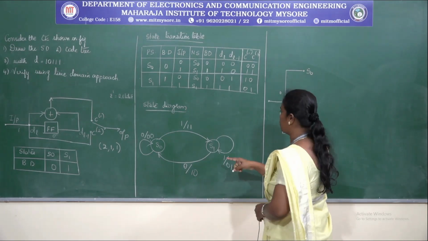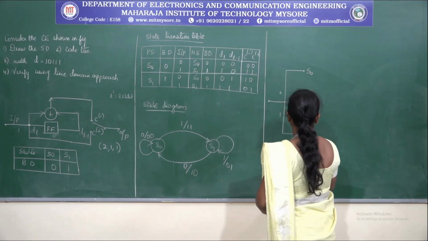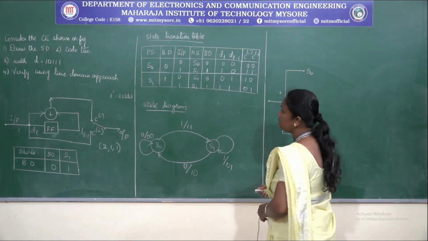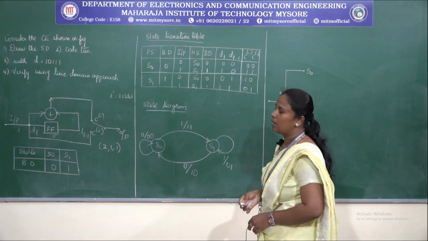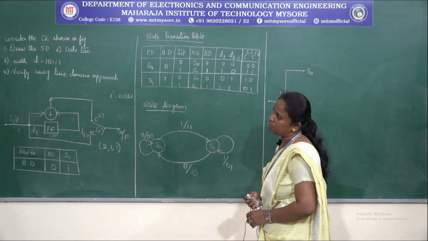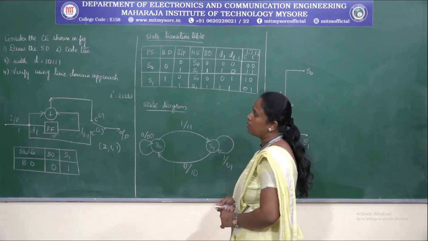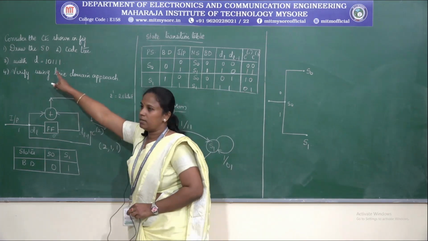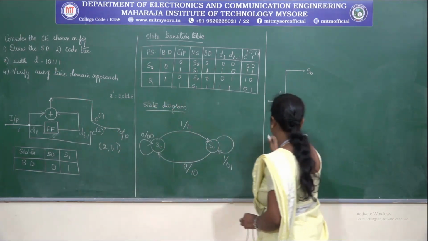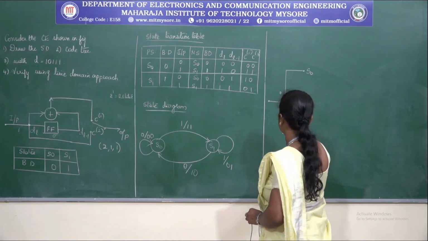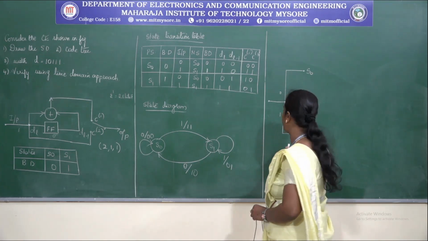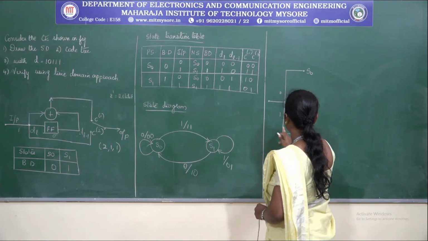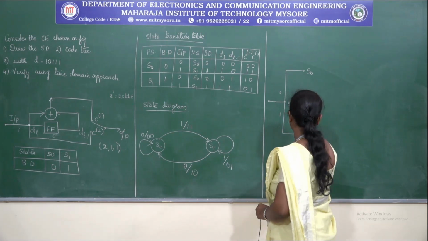If it is 1, it comes to S1 state. First you check whether the message input starts from 1 or 0. It starts from 1 here again. So we can just extend the downward part of the code tree, that is S1, S0 with 1.